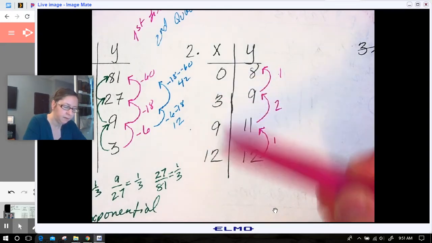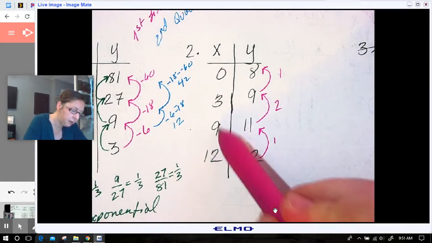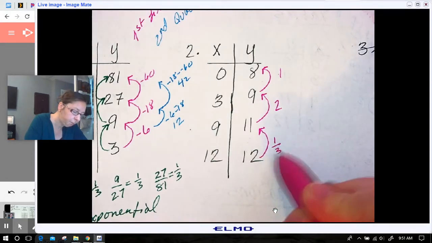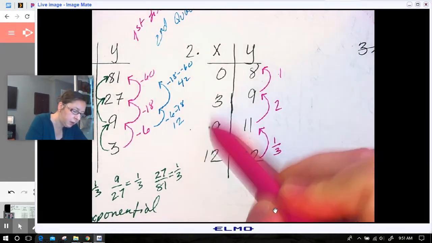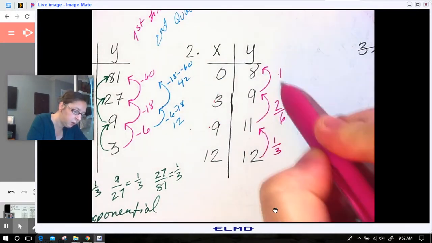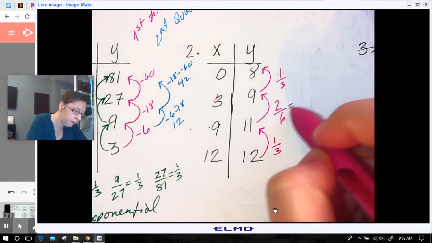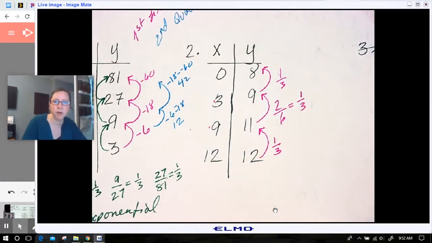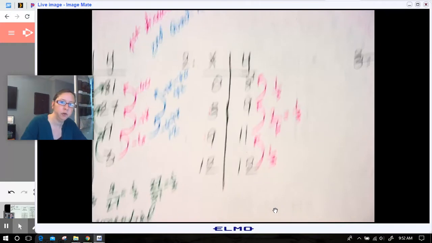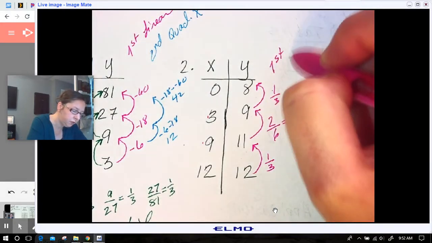So the x side is also not consistent, and sometimes they'll play tricks on us like that. If I do 9 minus 12, I get 3. But if I do 9 minus 3, I get 6, and 3 minus 0 is 3. And if I reduce all of these fractions, this simplifies to 1/3. So I do have a common first difference.